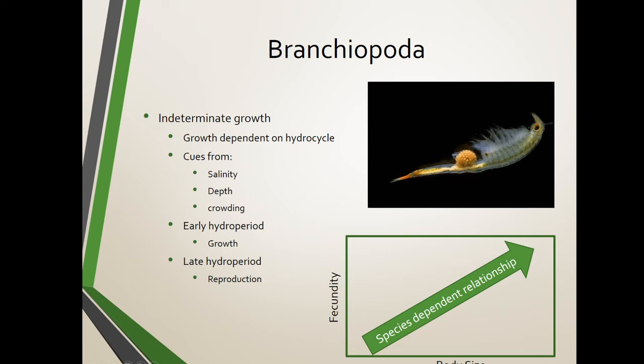When they hatch out, they take cues based on the salinity, the depth of water, and how crowded they are with their neighbors. So in the early hydroperiod, there's a bunch of water. The water is really fresh, it's really deep, and they don't come across each other very often. So they continue to grow to try to get as big as they can, so they can release the biggest amount of eggs.